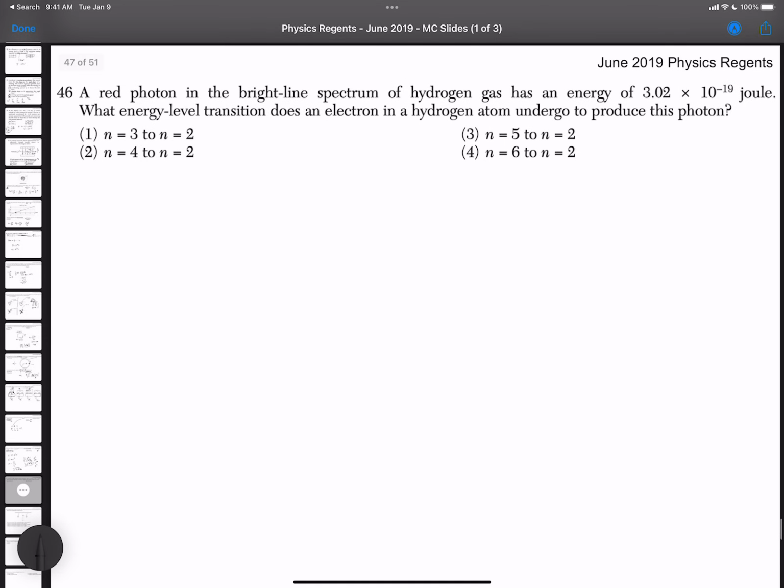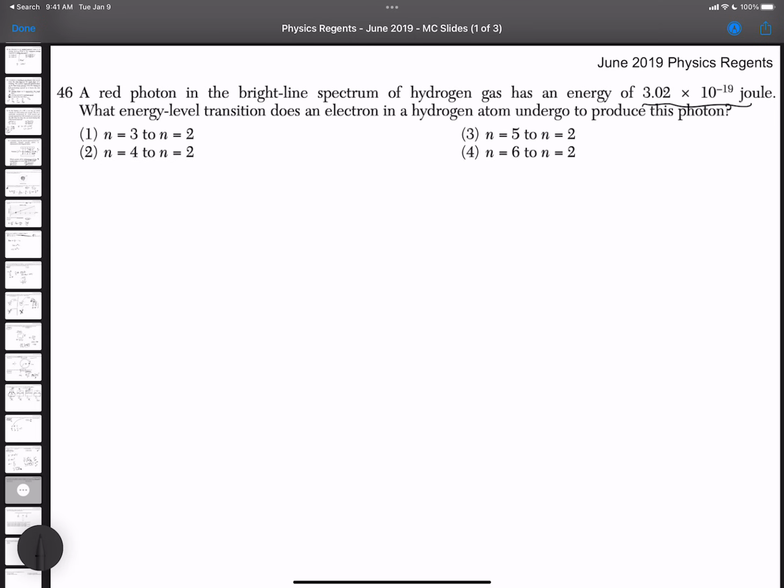All right, question 46. A red photon in the bright line spectrum of hydrogen gas has an energy of 3.02 times 10 to the negative 19 joules. What energy level transition does an electron in a hydrogen atom undergo to produce this photon?